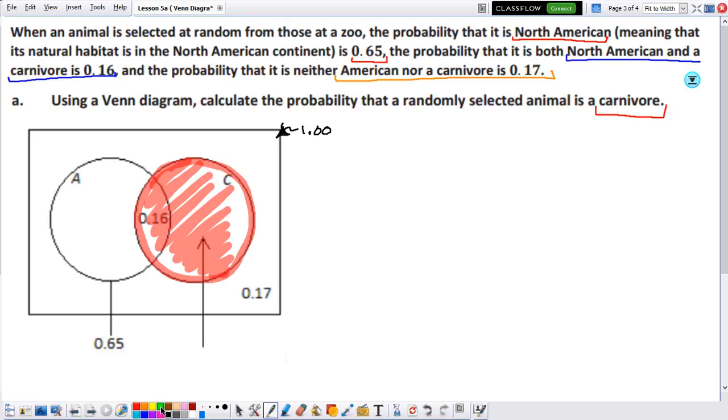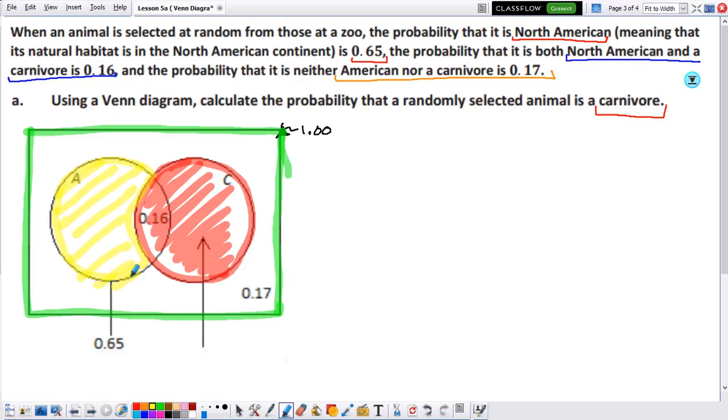Well, notice that we can figure out this whole circle if we get the whole square, which let's do in green. So this whole square, I know that this whole square is equal to 1, because we just talked about it. If you add all the probabilities, it is always equal to 1. So this whole square minus the inner circle minus the outside.